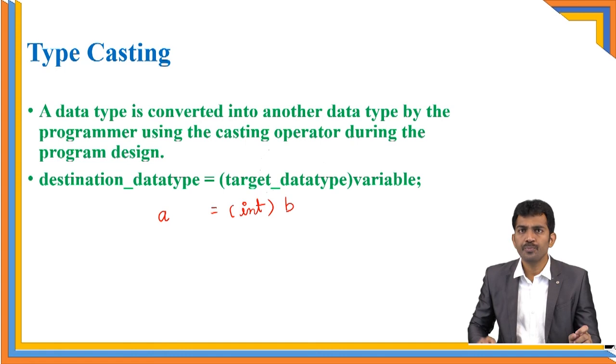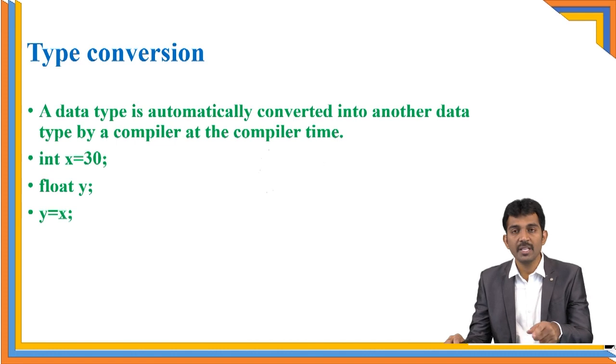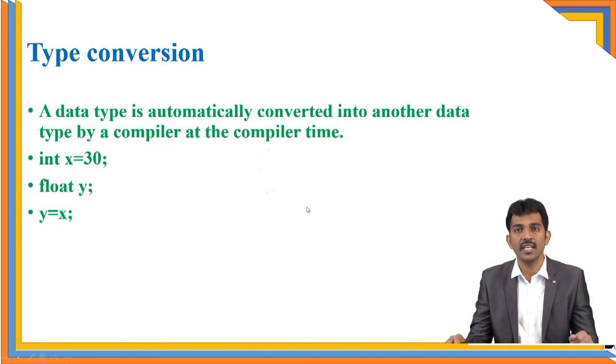What about type conversion? Inbuilt conversion. See here the same program, int x equal to 30, right? Float y. If y equal to x, it means a data type is automatically converted into another data type by the compiler at compile time. So we have two times, compile time and runtime.